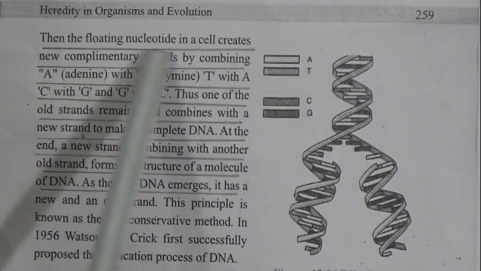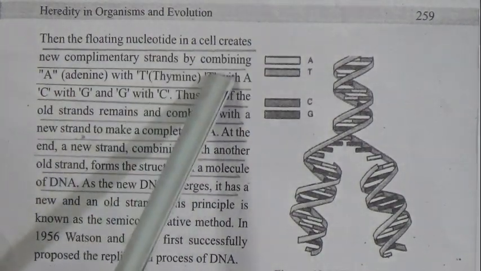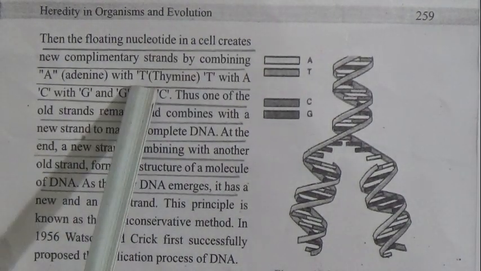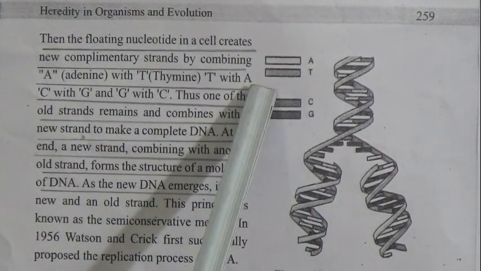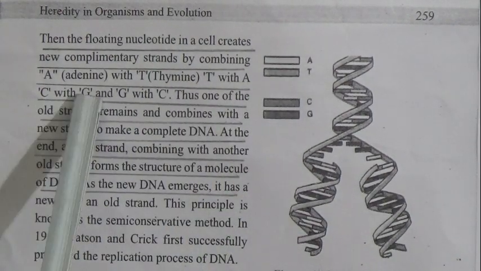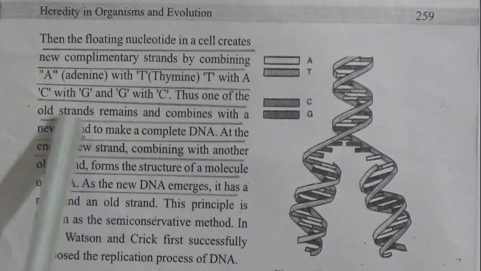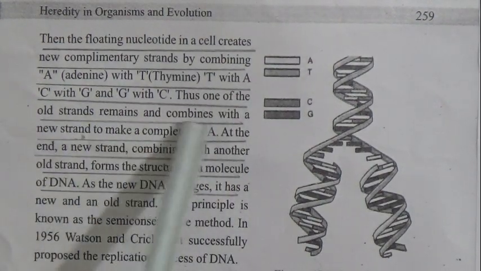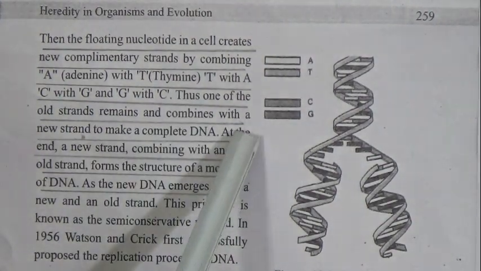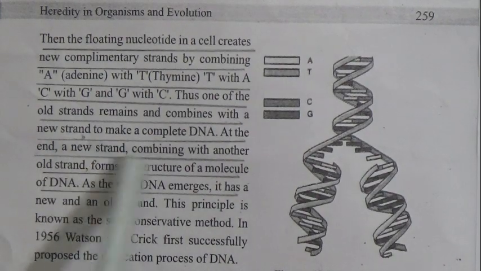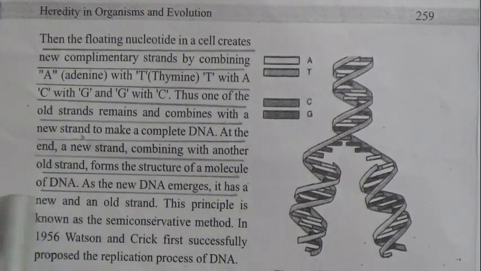Then the floating nucleotides in a cell create a new complementary strand by combining A adenine with thymine, T with A adenine, C with guanine, and guanine with C. Thus one of the old strands remains and combines with a new strand to make a complete DNA. At the end, a new strand combining with another old strand forms the structure of a molecule of DNA.